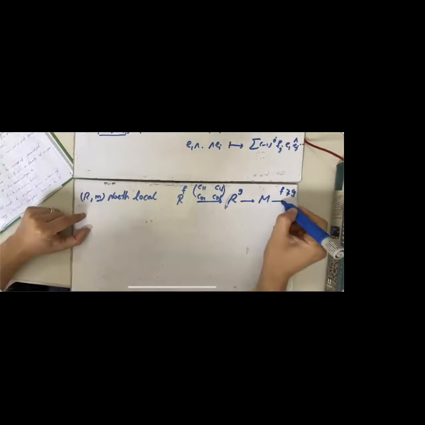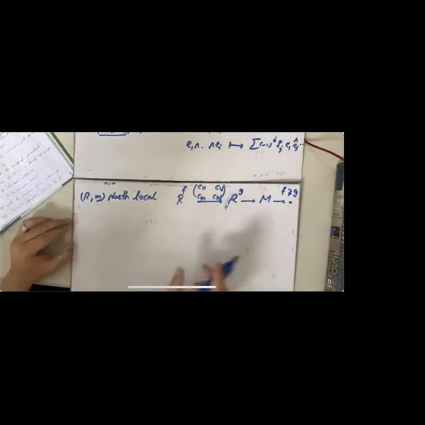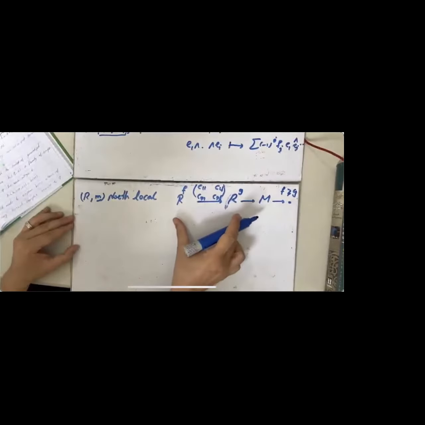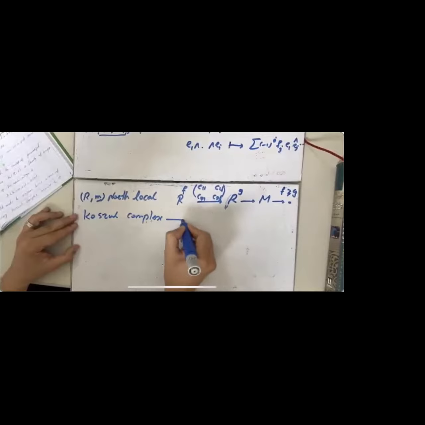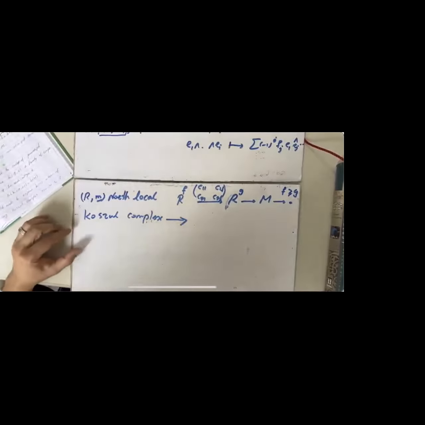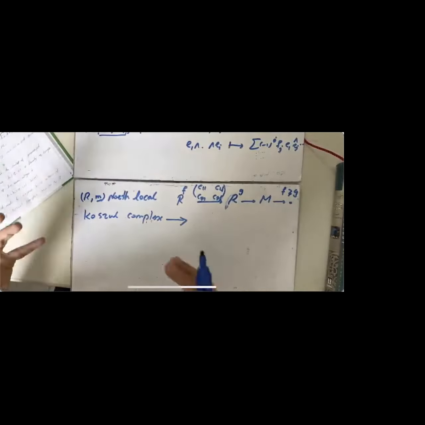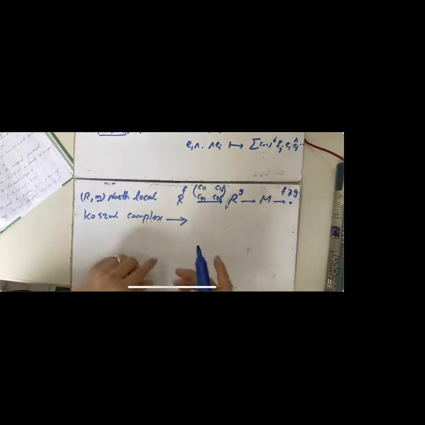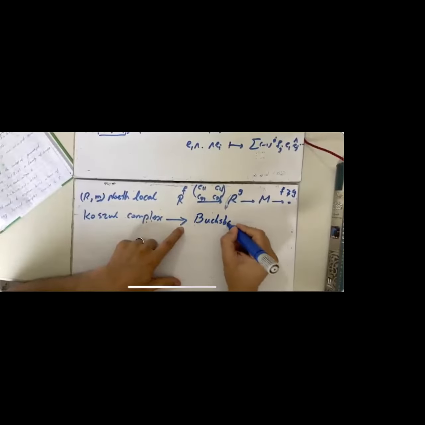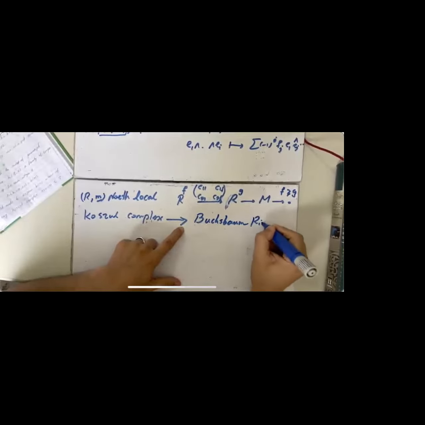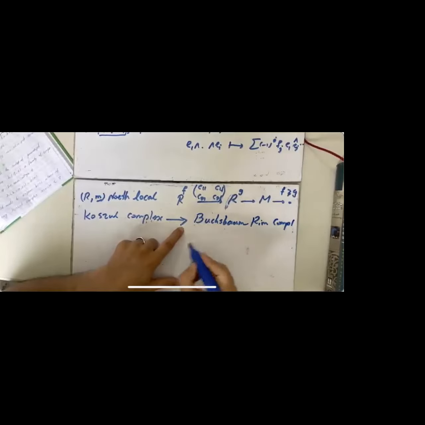Then, what Buchsbaum and Rim did, they tried to generalize the concept of Koszul complex to another type of complex that can encompass all of the properties that we expect from the Koszul complex. And this family of complexes is nowadays called the Buchsbaum-Rim complex, denoted by B of this matrix, say phi.